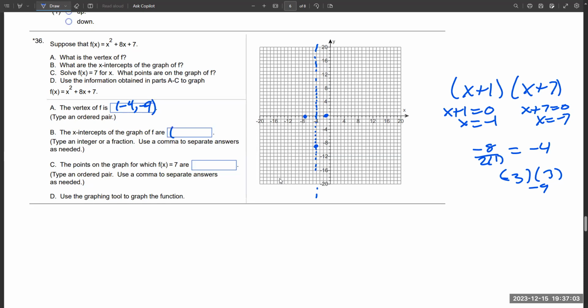The x-intercepts are at, and it says to use an integer, so they are at -1, -7, and -1, but we really should write intercepts as ordered pairs. So this is really -7, 0, and -1, 0, but my labs gave the instruction to write an integer or fraction.